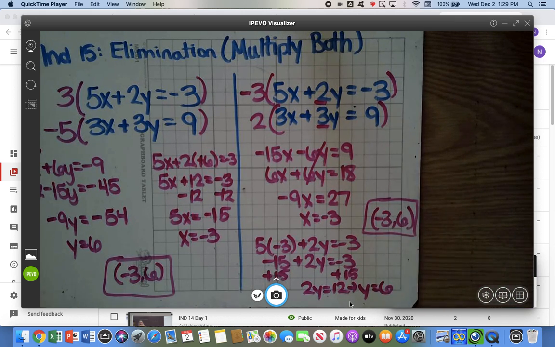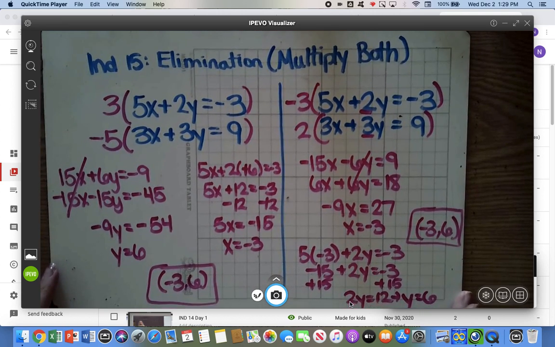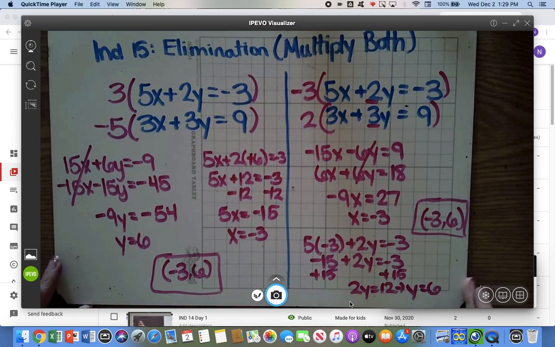Again, totally your choice, whatever you think is easier for you. You obviously only have to solve it one way, but those are just some different methods that you can use. Multiplying both, just remember the key is making sure that they are opposite signs. Before you can eliminate, you have to have a positive and a negative for it to cancel out. Same thing here, positive and negative.